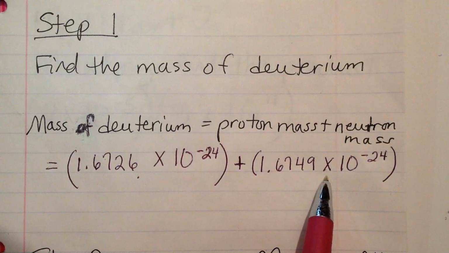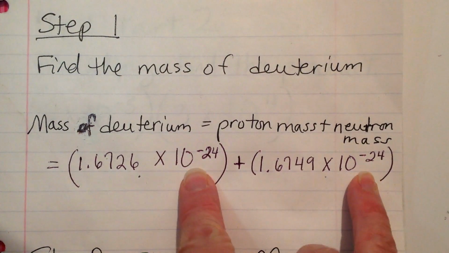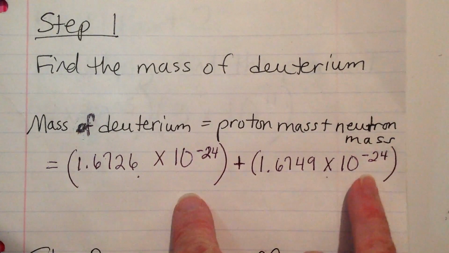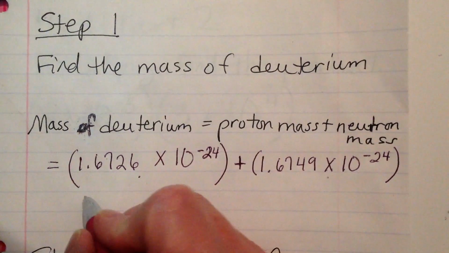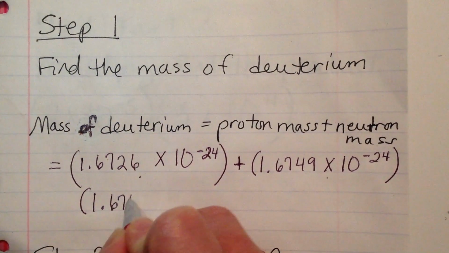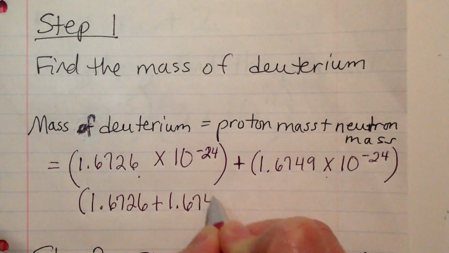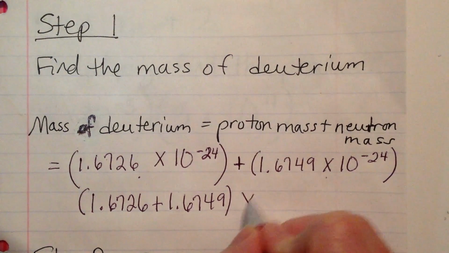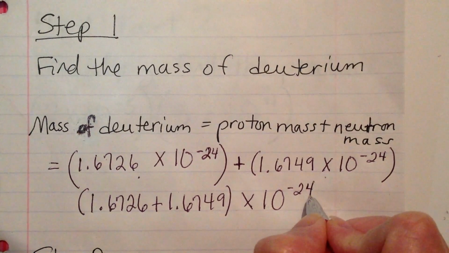Remember how we add. In order to add, the powers of 10 and their exponents have to be identical, and we have that. When you do, you simply add the first numbers, 1.6726 plus 1.6749, and that will be times 10 to the negative 24.